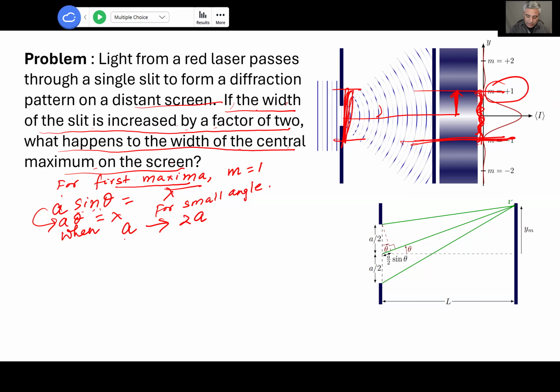When a goes to 2 times a, theta has to go what? To keep this lambda constant, theta has to go half. When one increases, the other has to decrease by the same proportion to keep this the same.